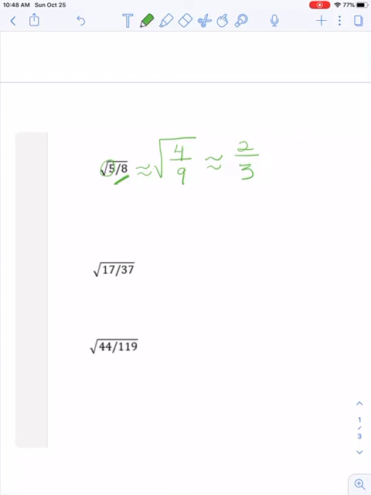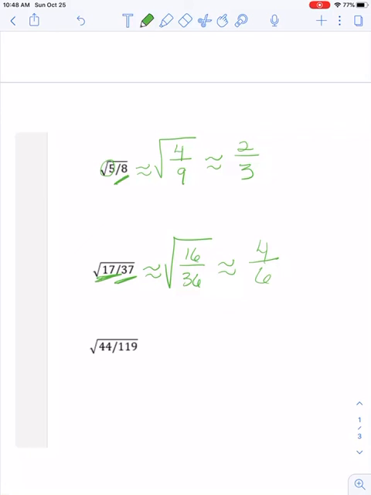Same thing for the next one. So we're estimating, we put our estimation. We're going to put the square root symbol. The closest perfect square to 17 is 16. And the closest perfect square to 37 is 36. Estimation. The square root of 16 is 4. And the square root of 36 is 6.